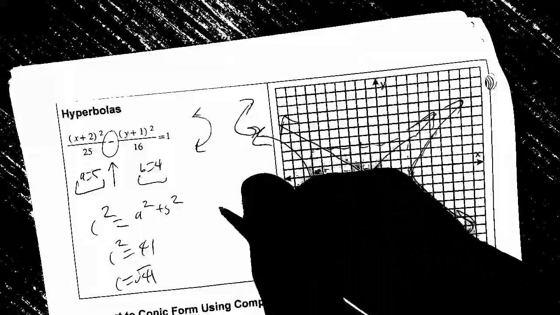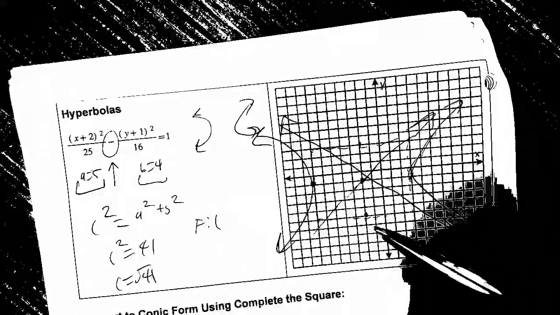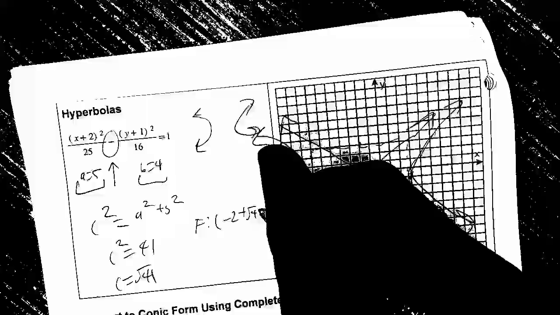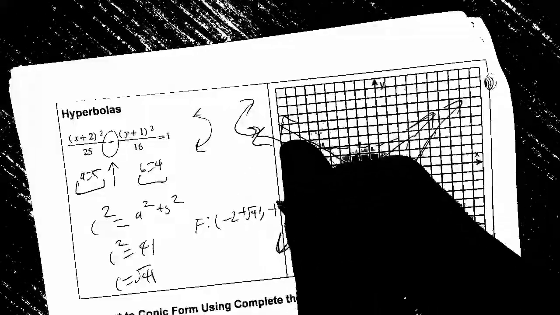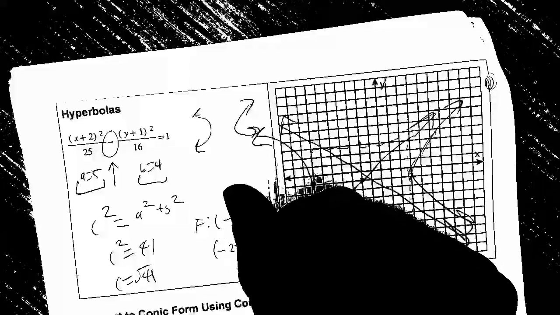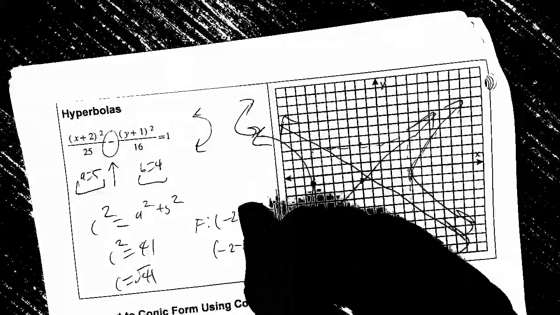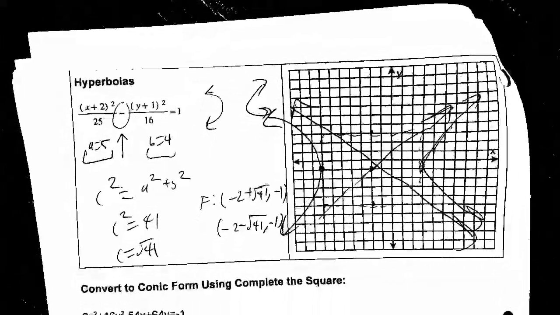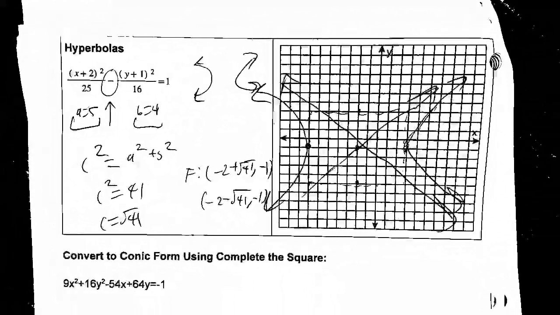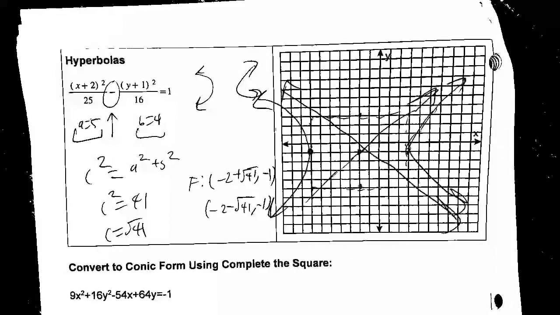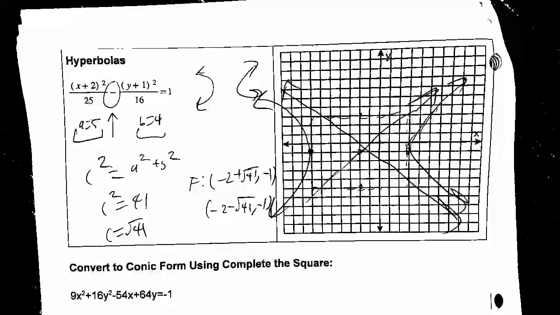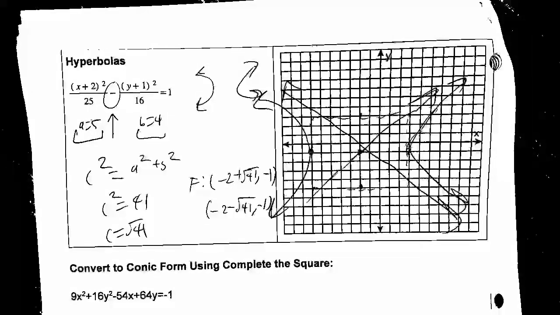So the foci would be -2 plus root 41, comma -1, and -2 minus root 41, comma -1. The foci happen on the same axis as the vertices. Yeah.